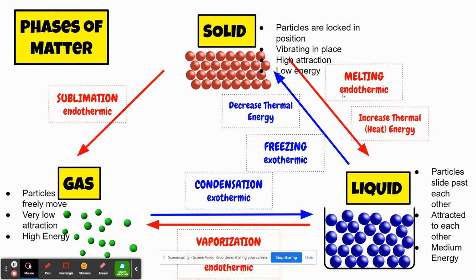Sublimation, and that's endothermic, because anytime you add heat, you have to add energy. It's endo. You're going to be adding something, endo. If you're going to be removing something, it's going to be exo. Heat is exiting, and this is going to be called exo.